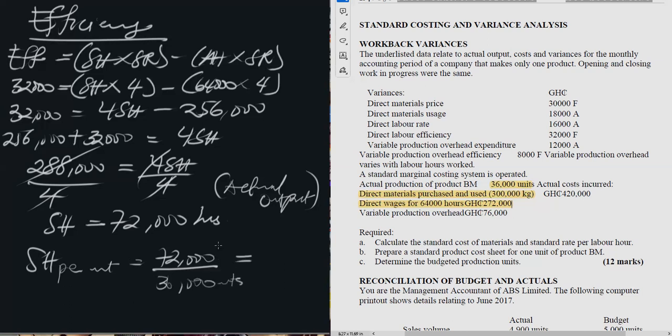So how many hours per unit do we have as our standard hour per unit? 72,000 divided by the 36,000 actual units produced gives us 2 hours per unit. Right, so material was 1.5 per kg. This is 2 hours per unit. So this is how you do it. You see, it's not anything difficult.